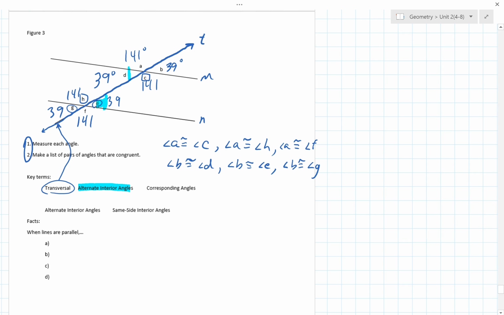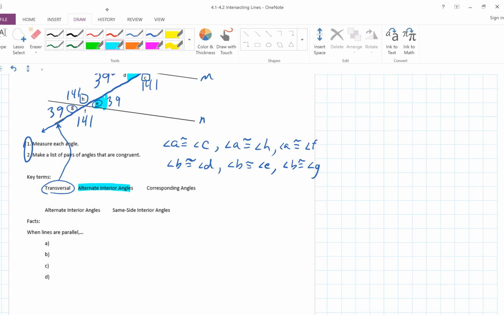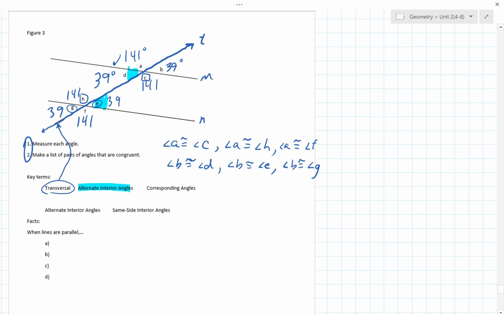Okay, those are alternate, meaning they're on opposite sides of the transversal, and they're interior, meaning they are between these two lines. Okay, so they're alternate interior because they're on alternate sides of the transversal, and they're interior because they're between the two lines M and N.